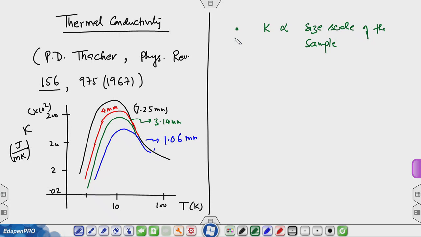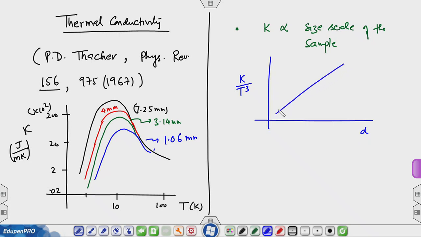And in fact, in the same paper, if you plot, and this plot is given in the same paper, k over T cubed versus the size d, what one sees is that this line is a straight line. And this is at low temperature.